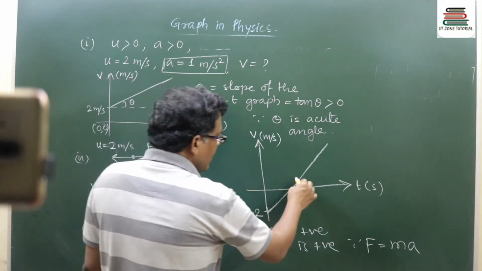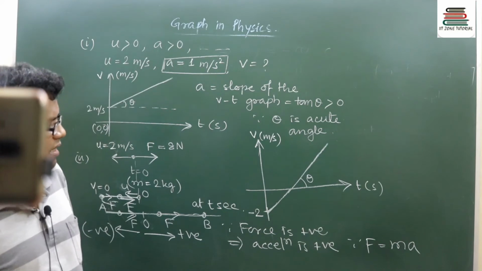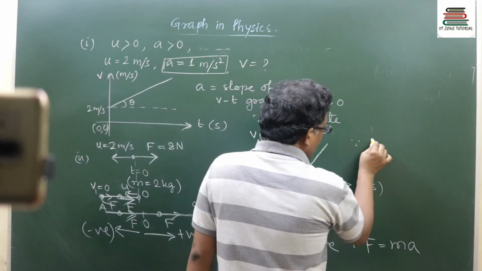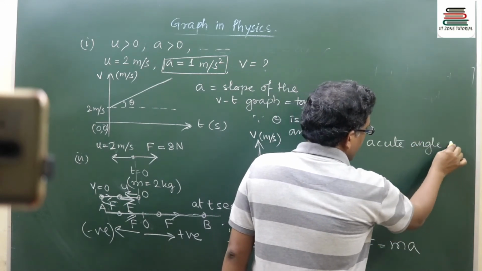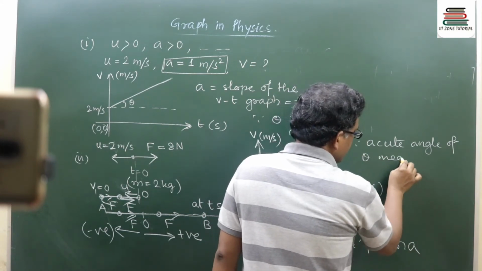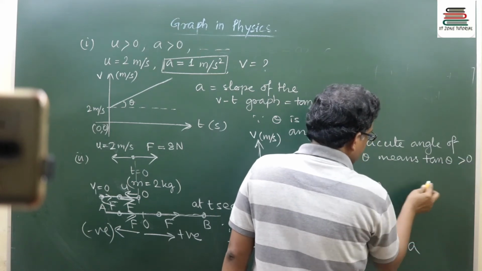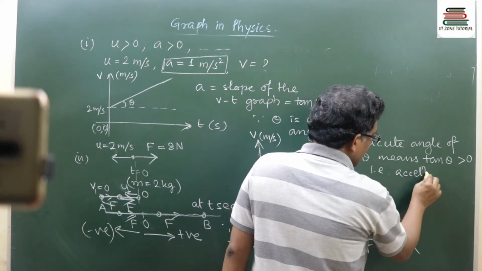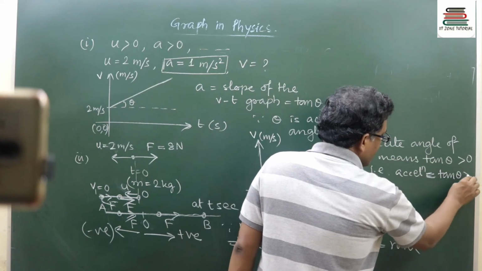You can see the angle made by the line with the positive direction of the x axis is again an acute angle, so an acute angle theta means tan theta is positive, that is, acceleration, which is decided by the numerical value of tan theta, is positive.